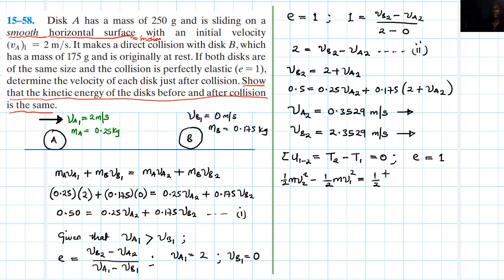So we do have half there. Let's start with the second state. So we do have 0.25. Okay, what is the velocity for A?